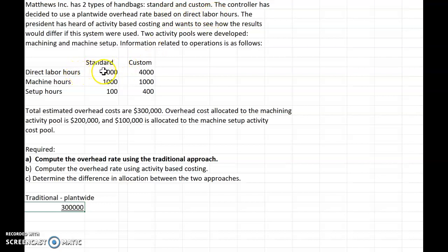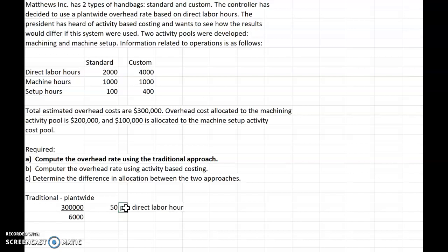So for direct labor hours, 2,000 was standard, 4,000 was custom. So we've got 6,000 direct labor hours. So we can divide the total estimated cost by the direct labor hours. So it would be $50 per direct labor hour.